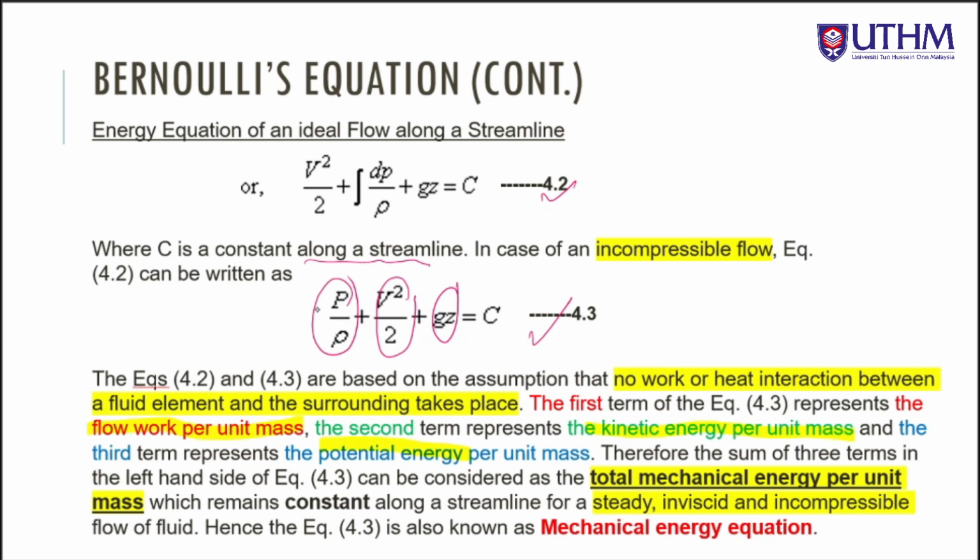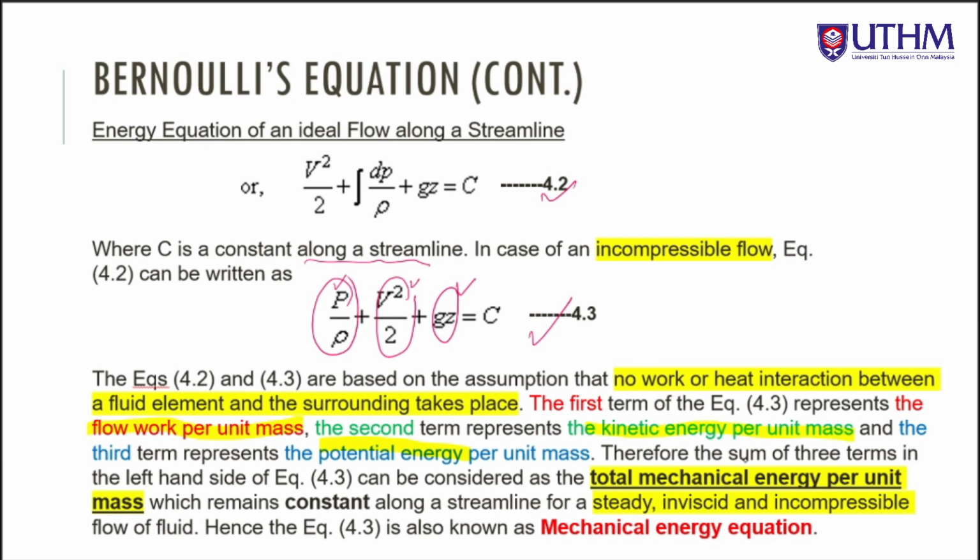Okay, so yang ni selalunya kita tak perlu hafal, kita pakai logik lah kan. Bila kita kata work, mesti ada related to pressure kan. Bila kita kata kinetic energy, mesti ada kena-mengena dengan V squared, velocity squared. And lastly, bila kita kata pasal potential energy, it must be related to altitude. Dia ada Z term kat situ.